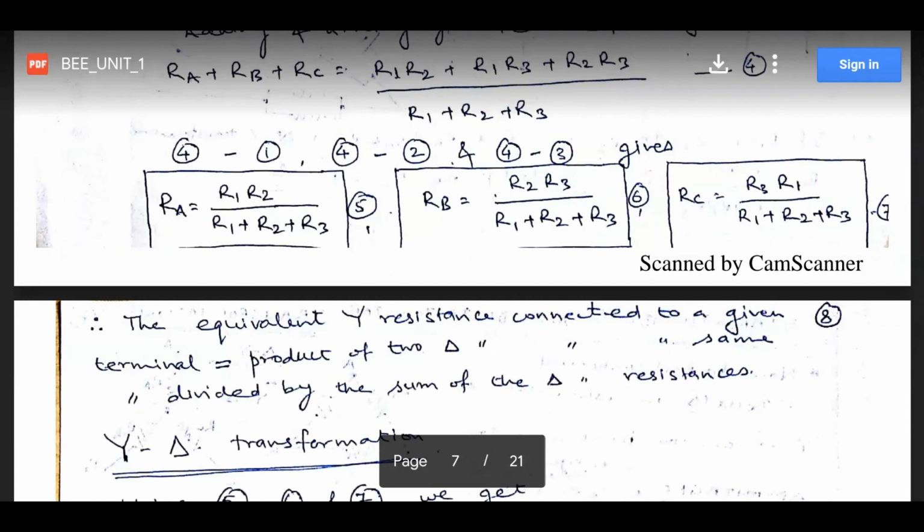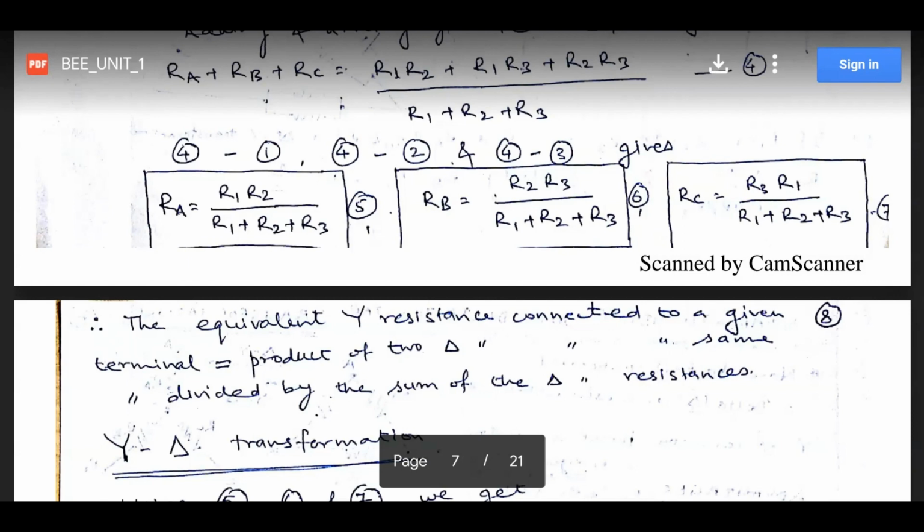Let us say we multiply RA and RB. What will we get? R1 R2 R3 and R2 again, so R2 has two values, or you can say R2 square, and R1 R3.